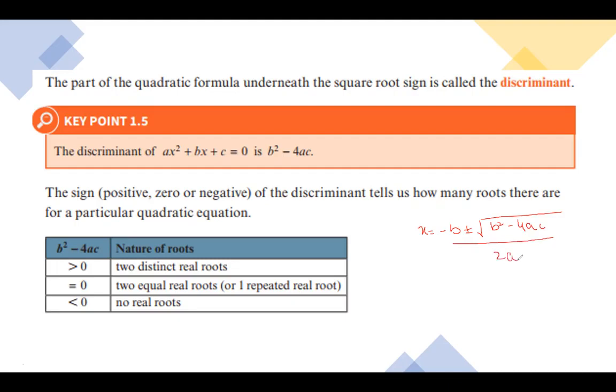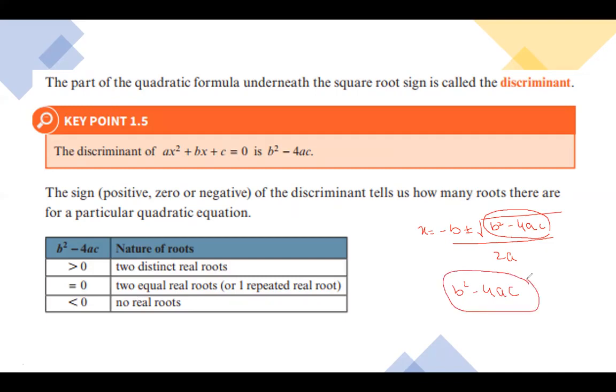So the part of quadratic formula beneath the under root sign is the discriminant. So b square minus 4ac is known as discriminant.